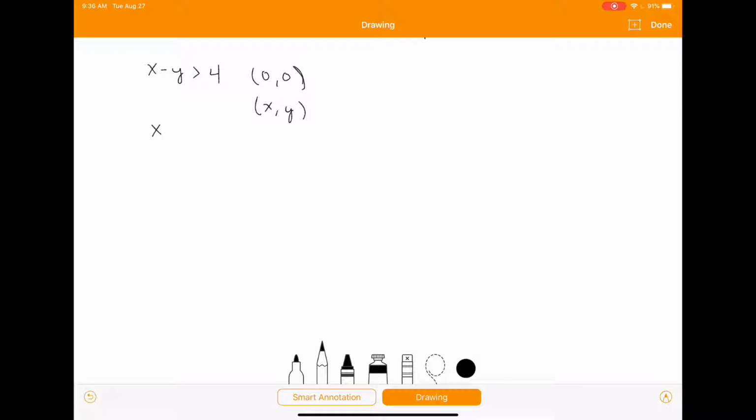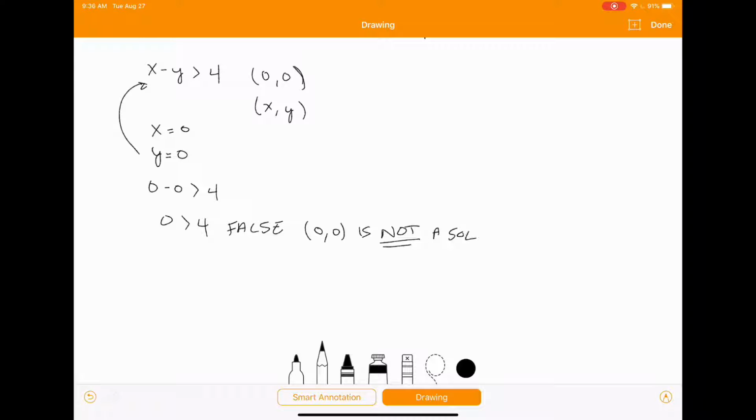So you can plug in x equals 0 and y equals 0 into this right here. So we're going to get 0 minus 0 is greater than 4. 0 is greater than 4, which is a false statement. So we know that 0, 0 is not a solution, right?